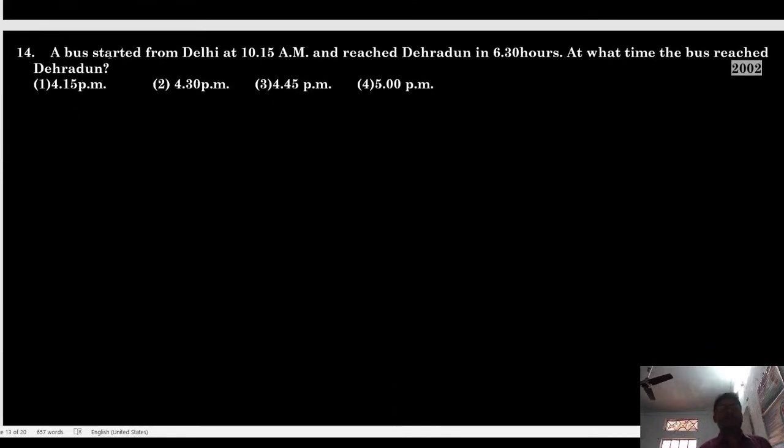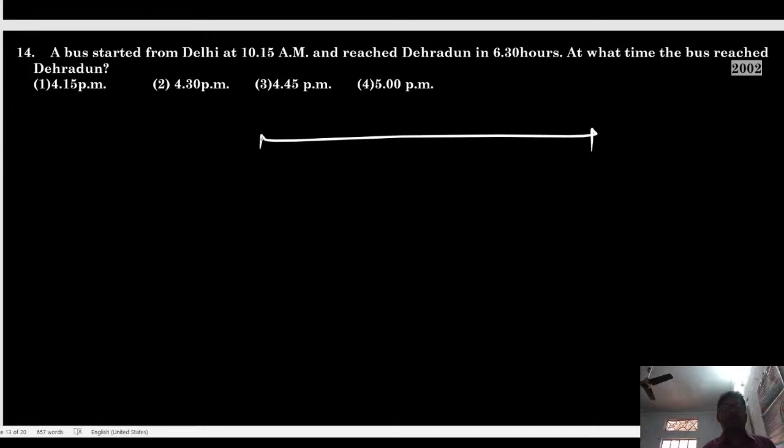14th, a bus started from Delhi at 10:15 a.m. and reached Dehradun in 6:30 hours. At what time did the bus reach Dehradun? Here we have to find the finishing time.